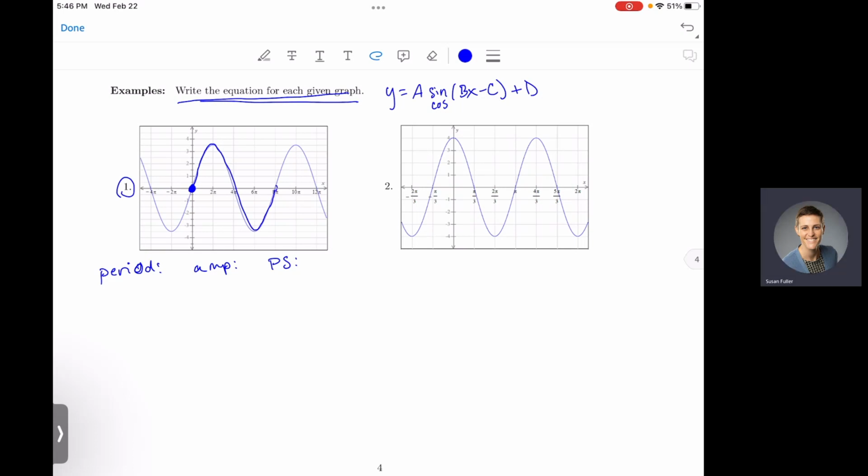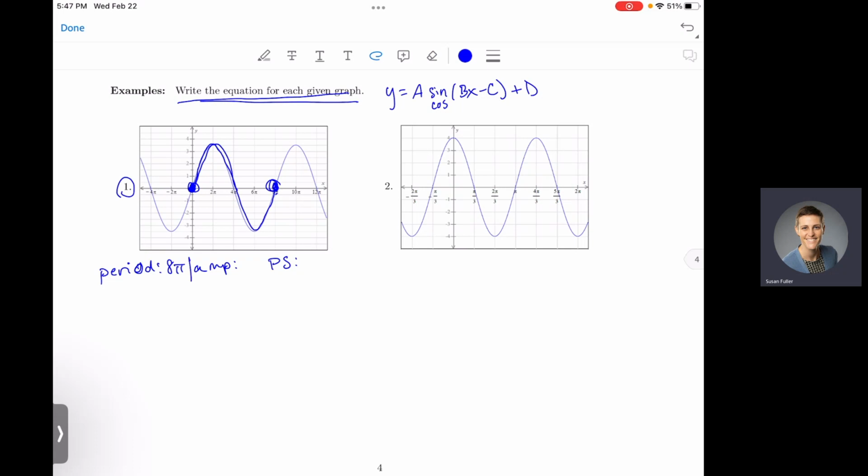Do you see that once I get here to 8 pi, that same pattern starts over again? This point and this point. If you move to the right, it's exactly the same pattern. So that means that our period here goes from 0 to 8 pi, which means that's a horizontal distance of 8 pi. That's my period of this graphed function.